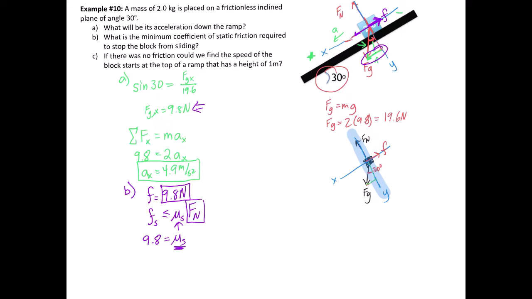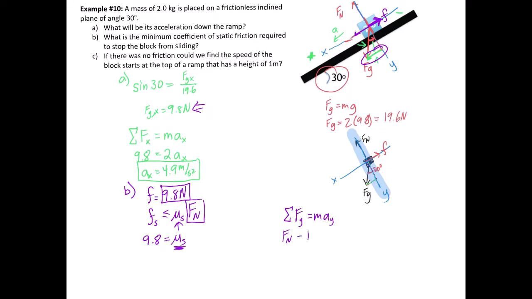Vertically, I can say that the sum of the forces vertically is equal to the mass times the vertical acceleration. Now the vertical forces are the normal force, which is upwards, and the vertical force of gravity.